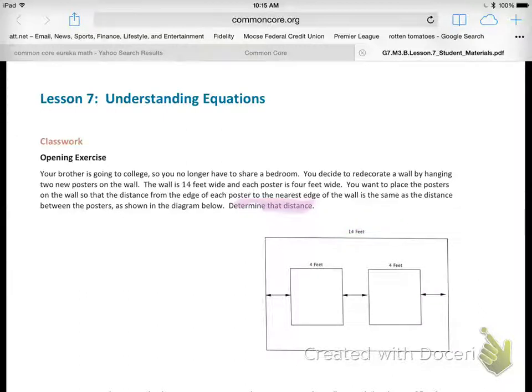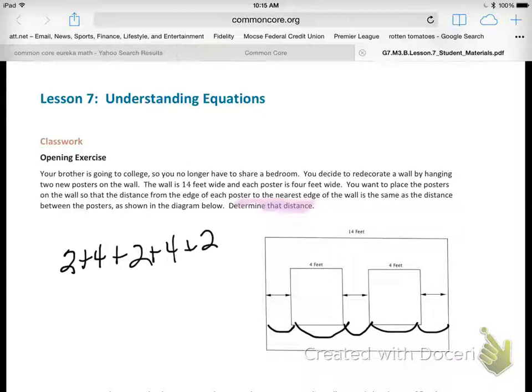We know the answer already, so we can go 2 plus 4 plus 2 plus 4 plus 2. We can set this up that way because that equals 14.